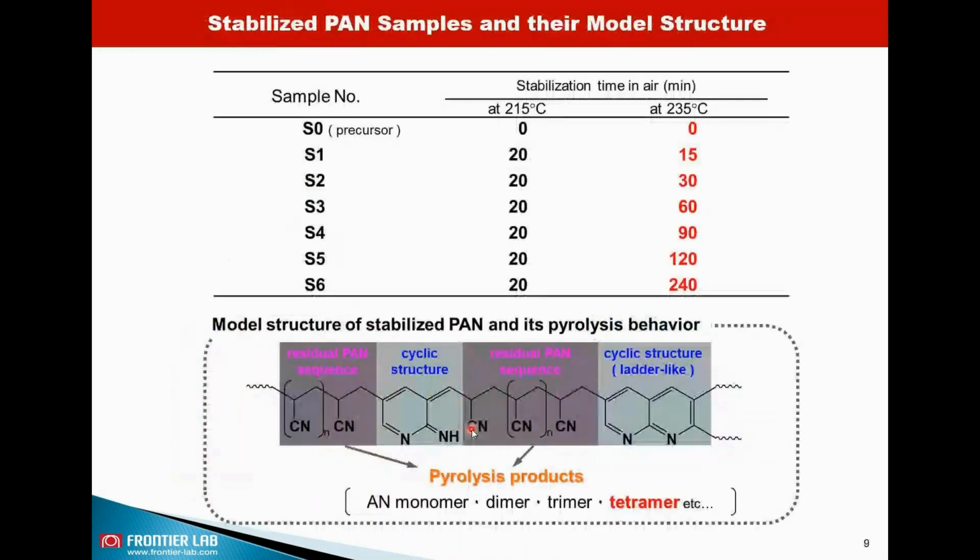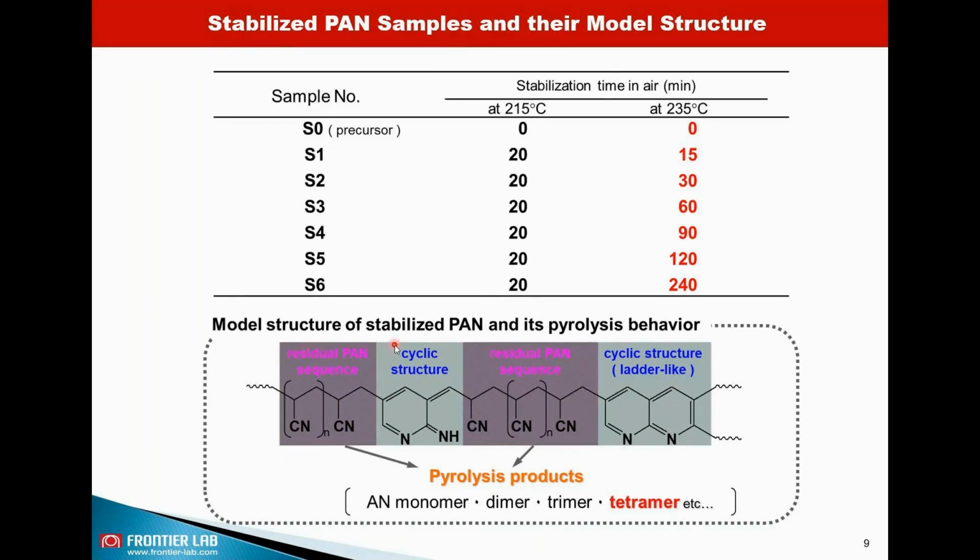In this case, we have taken samples of this polymer with different stabilization times in air. Starting at 215 degrees for a certain duration, like 20 minutes, which is kept constant for all cases, we then varied the stabilization time at 235.